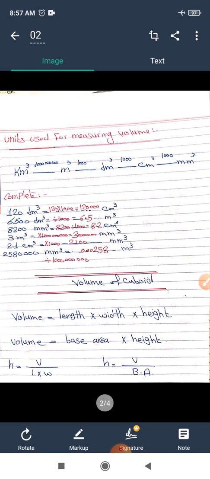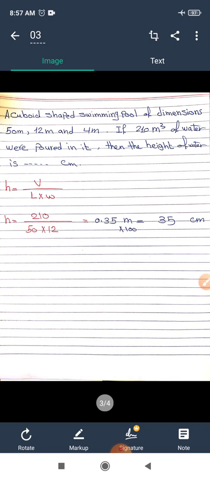Let's start to solve different questions. A cuboid-shaped swimming pool has dimensions 50 meters, 12 meters, and 4 meters. If 210 cubic meters of water were poured in it, then the height of the water is, he asked about the height.